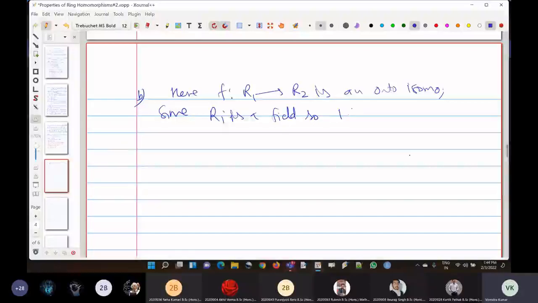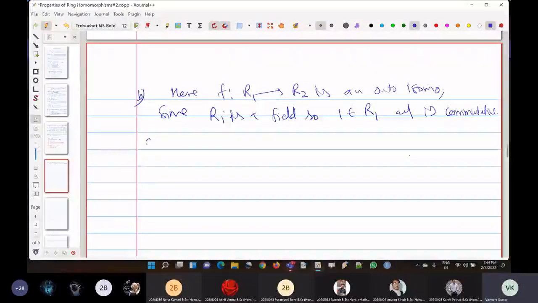So 1, that is the identity, belongs to R1, and R1 is commutative. This property we should recall. So what we need to prove is that every non-zero element of R2, which is a ring, has an inverse.